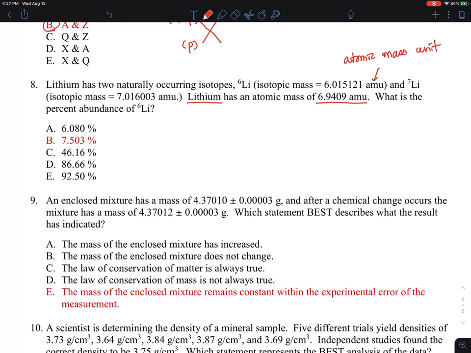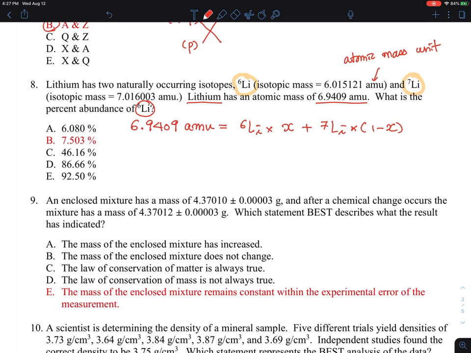So what that means is that the 6.9409 you find in the periodic table is an average for lithium, based on the natural abundance. So the 6 lithium has a natural abundance, let's say X, and the 7 lithium has a natural abundance of 1 minus X. And X is essentially the natural abundance of 6 lithium.